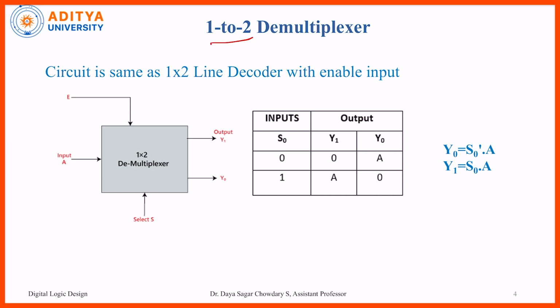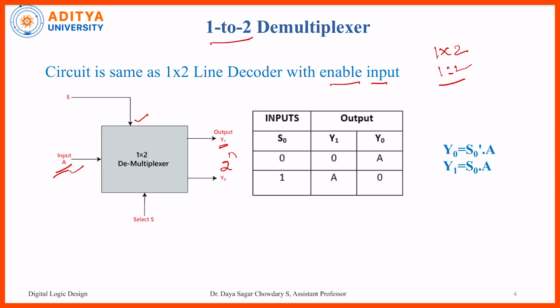We can represent this as 1 to 2, or 1 into 2, or 1 is to 2. Now this is a 1 to 2 line decoder with an enable input also present. That is the enable signal, and there is a single input, because for any representation there is only one input, and the outputs differ, being 2 to the power of n.